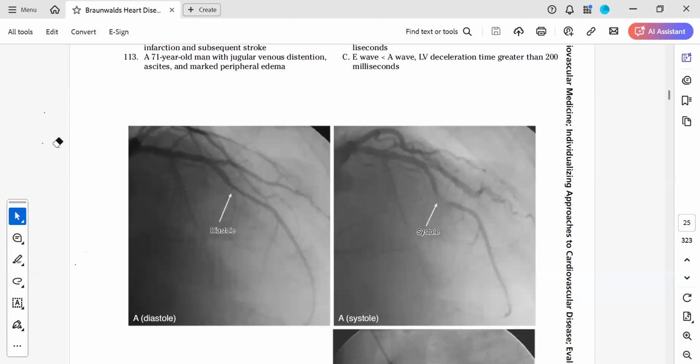With this, I'm not able to appreciate the spine much, but the view shows us the LAD. So that is why it's the right anterior oblique. This is a typical picture you get when you do the right anterior oblique, the 20 degrees one.